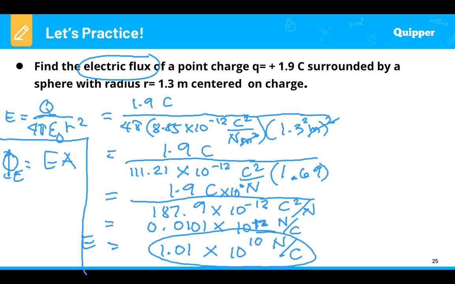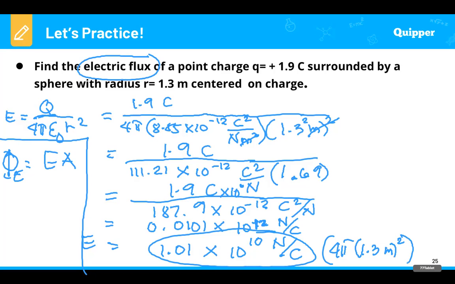So gagawin lang natin, we will just multiply 1.01 by 10 raised to 10 N over C multiplied by our A, which is 4 pi r squared or 1.3 meters squared.